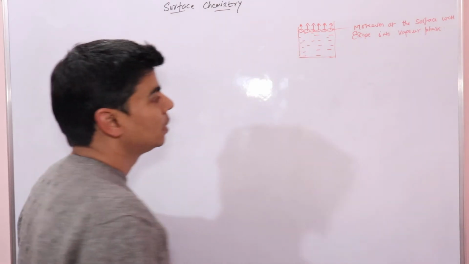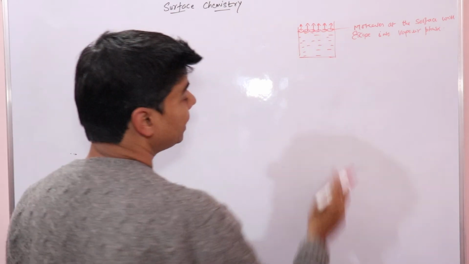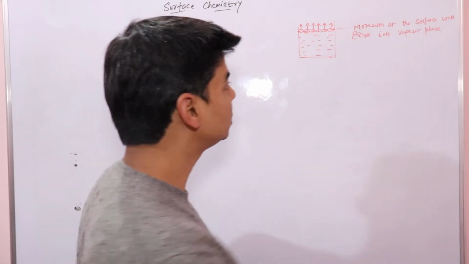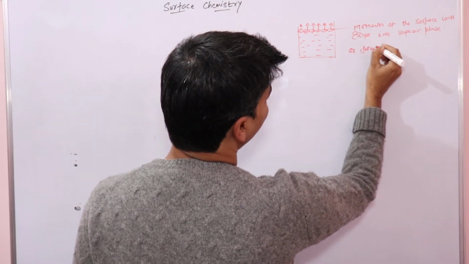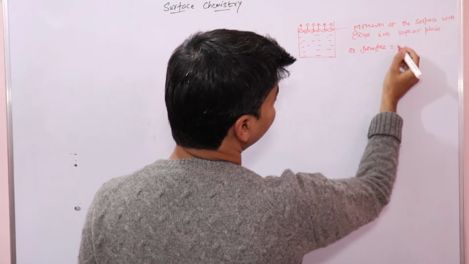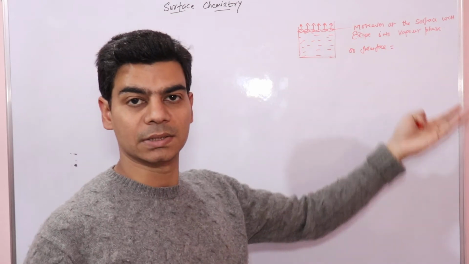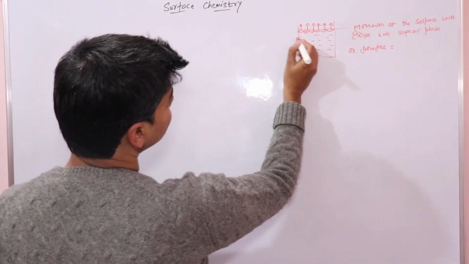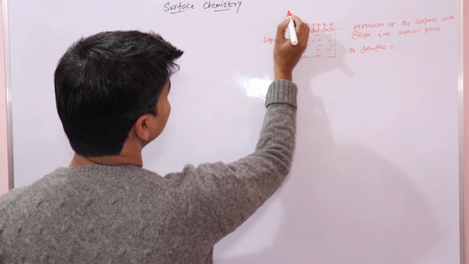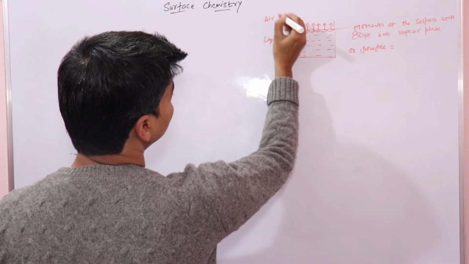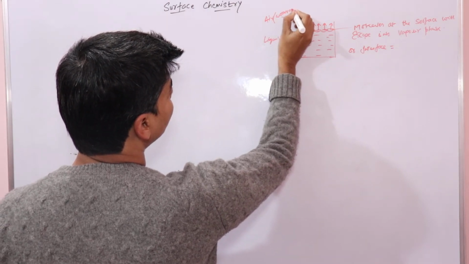Now this surface is also an interface. We call it a surface or interface. What is an interface? If we define it, an interface is a boundary of two bulk phases. Here the bulk phases are liquid and air or water vapor.